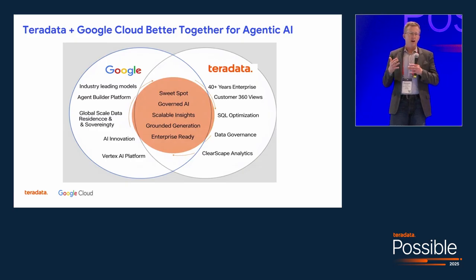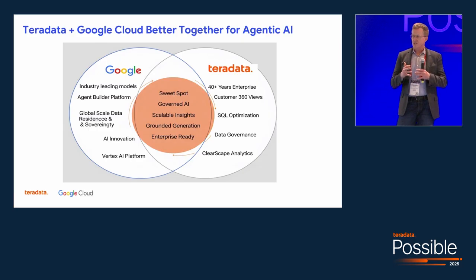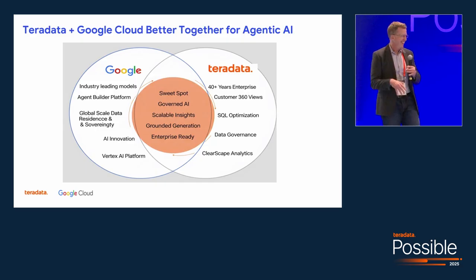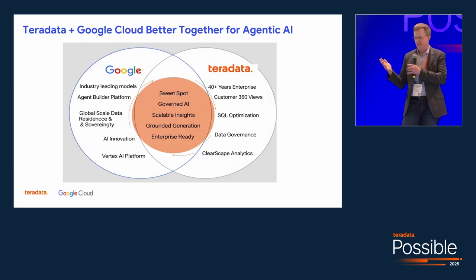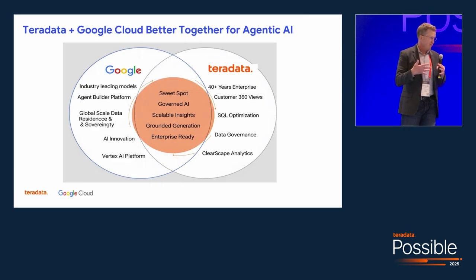The amount of high quality, irreplaceable, carefully governed and structured data in the Teradata instances around the world is a level of data gravity that we are the inheritors of from 40 years of being the leading enterprise data warehouse platform. That expressed into our agentic future needs the tools to express it. Some of those tools are coming from Teradata, and many are coming from Google.